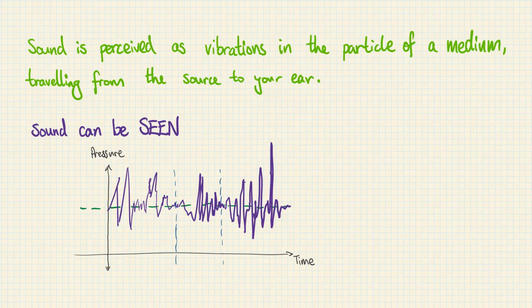Now, there are 3 distinct qualities of sound. Number 1 is the pitch. So that's how high or how low your voice sounds, or the note you play on an instrument. And that is the frequency of the vibration, which denotes what pitch something is.